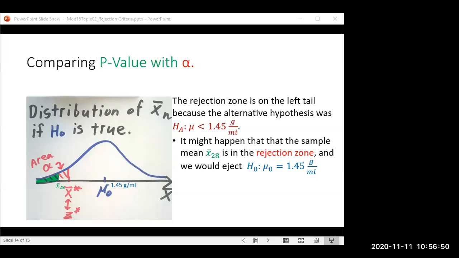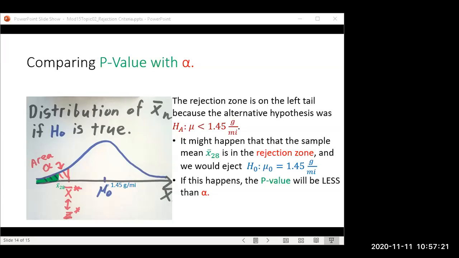And you see the green area, the p-value here, is less than the red shaded area. That's alpha. That the p-value is less than alpha happens when the sample mean falls in the rejection zone to the left of the critical value of the sample mean.